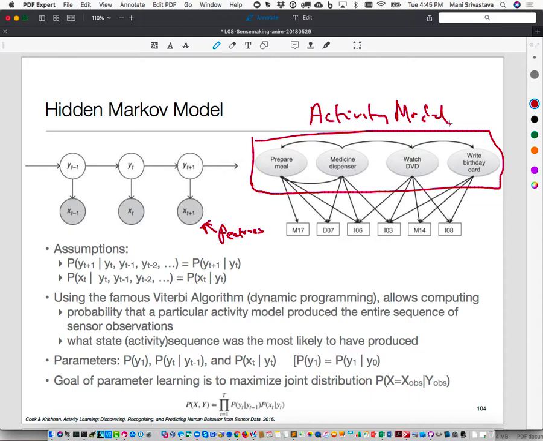That constrains things, because if you start out by saying any activity can follow any activity, then you are not making use of any prior knowledge. So one way we bring to bear prior knowledge out here is to prune out edges. We can just say some things we know are not possible, and now we are going to learn the rest. Otherwise, I will have everything connected to everything. All activities can lead to all other activities, and all sensors can be triggered by every activity, and that would be too many parameters.